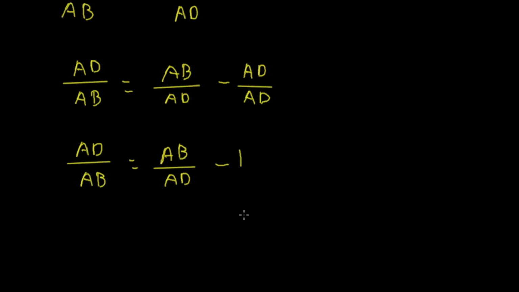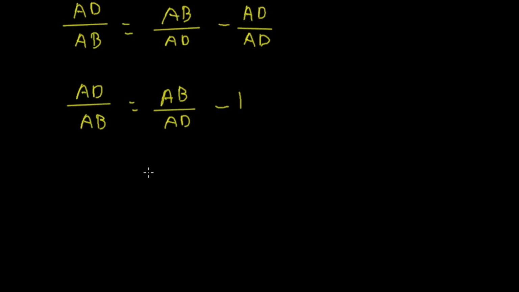Now, it's easier if I just invert AD over AB so that I have 1 over AB over AD minus 1, so that I have everything in terms of AB over AD. So I will invert this.